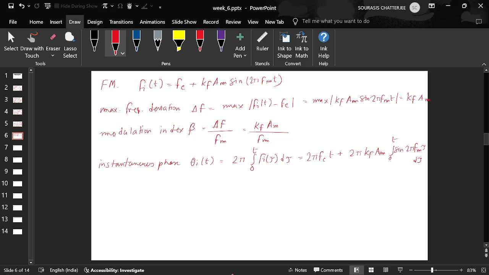You have 2 pi fc t, a negative sign will come in the integration of sine, so you have 2 pi kf Am divided by 2 pi fm cos 2 pi fm t.